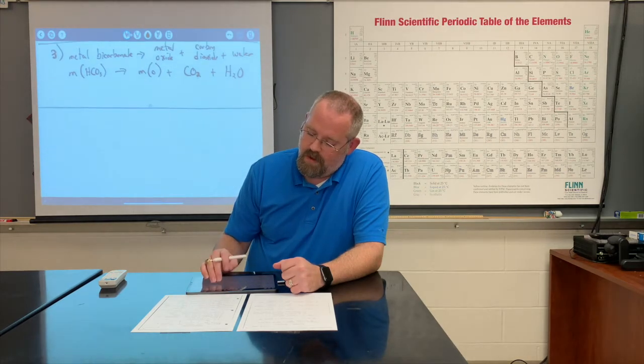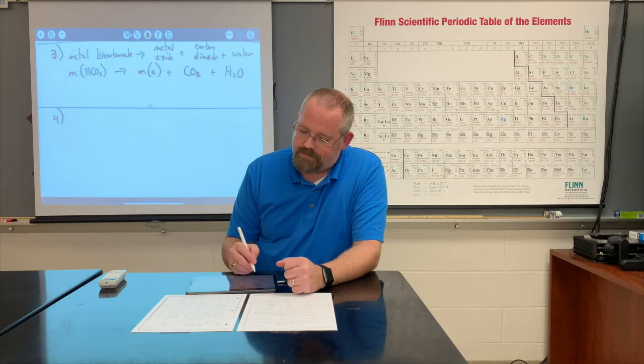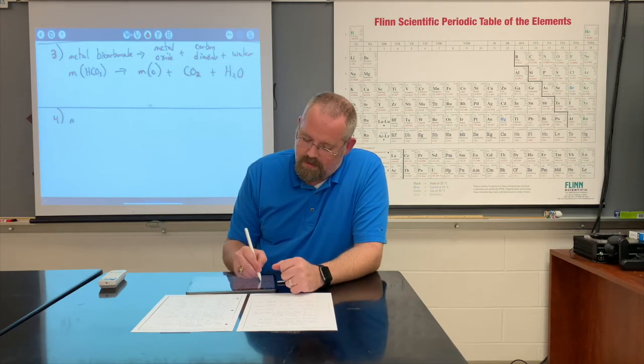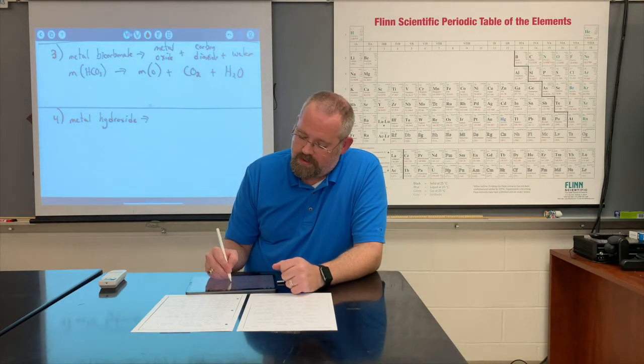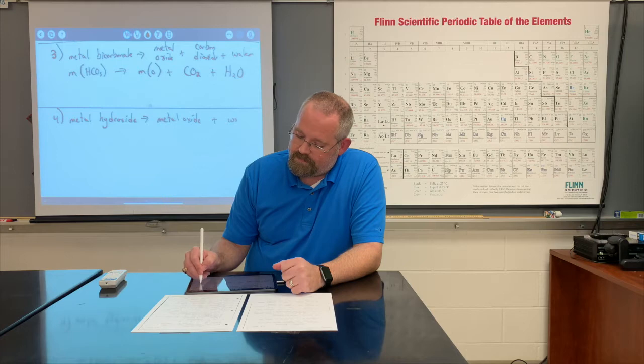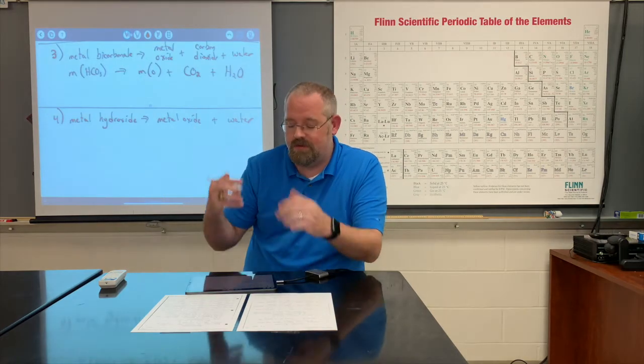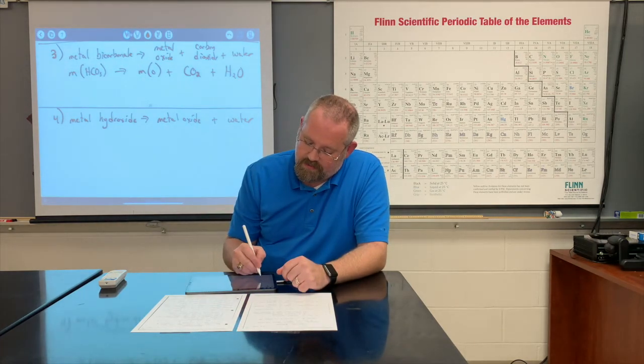Our next type we're going to do is a metal hydroxide. Our metal hydroxide will break into a metal oxide plus water. Kind of see how the trend is going there, how we're breaking this into separate pieces here.